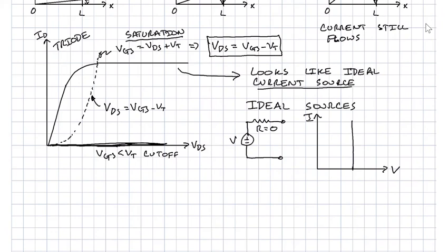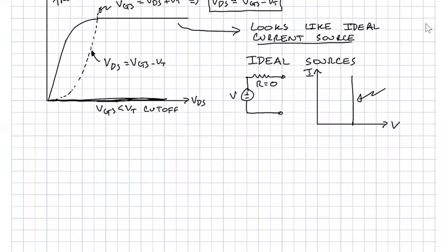So the IV characteristic ends up looking like this. An ideal voltage source has 0 resistance, and you could convince yourself the slope of that is infinite, so 1 over the slope would be 0. And again, whatever voltage you ask of an ideal voltage source, it will produce via whatever current has to happen to make that voltage work.